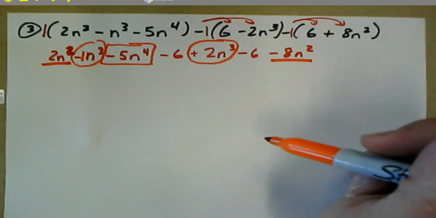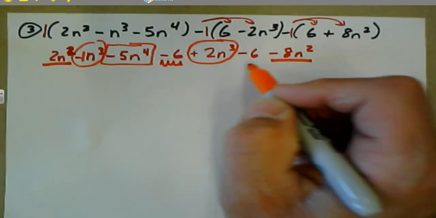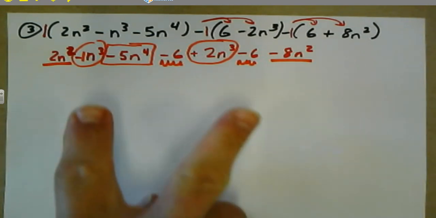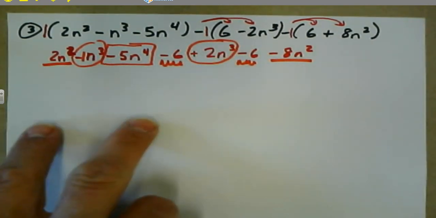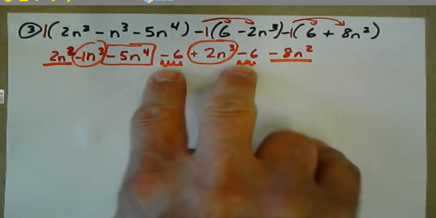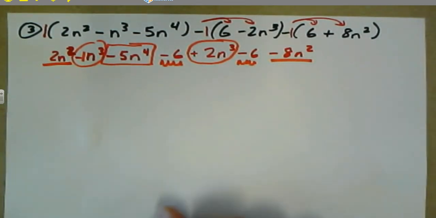There's no n to the 1's. And then we have no n's. So we're just combining n to the thirds, n to the seconds, no n's, and we don't have anything to combine with that one. That's okay. We just find different ways to identify them.